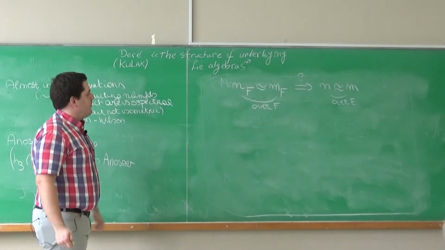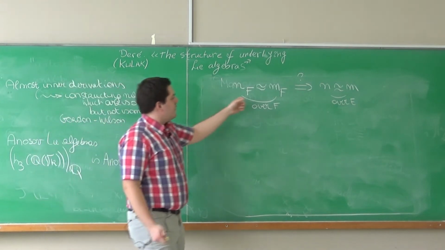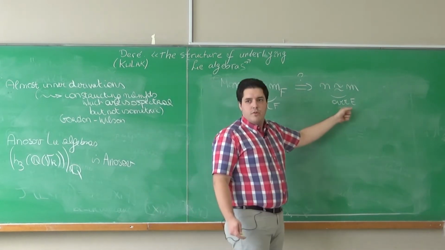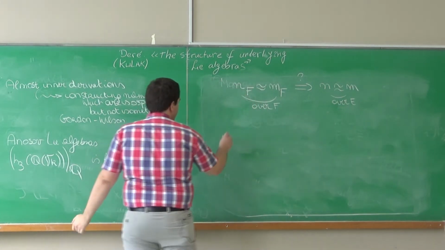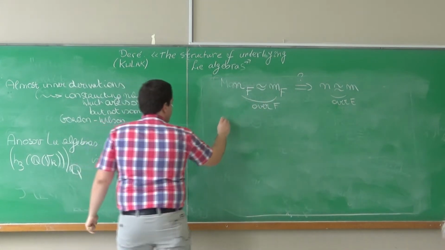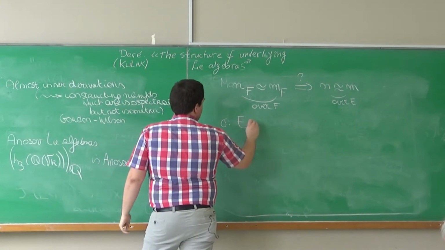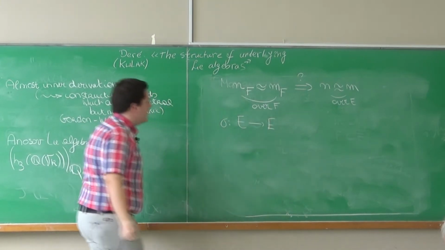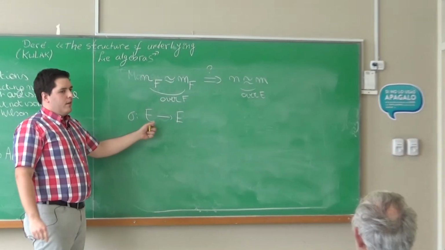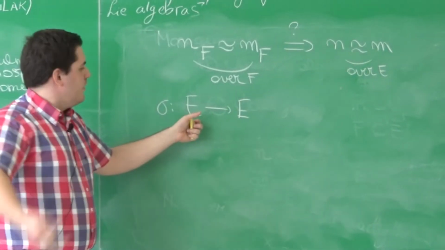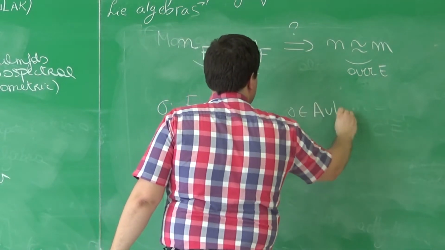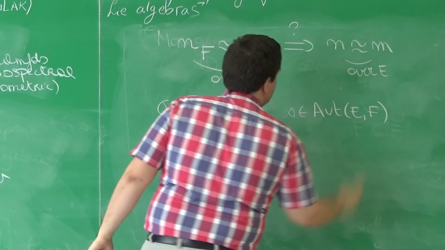So one way of constructing counterexamples is thinking of isomorphisms over F which are not isomorphisms over E. So you want to look at linear maps over F which are not linear over E. Maybe if we just take the easiest vector space, just E itself, we want maps which are linear over F but not over E, so we will take an element of this form.